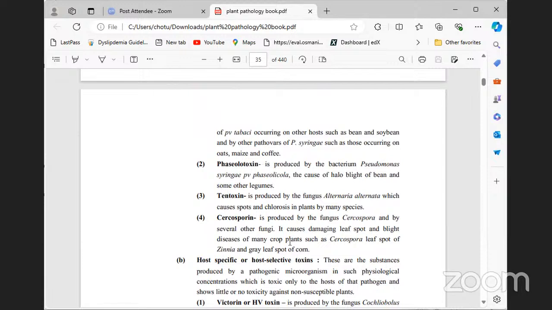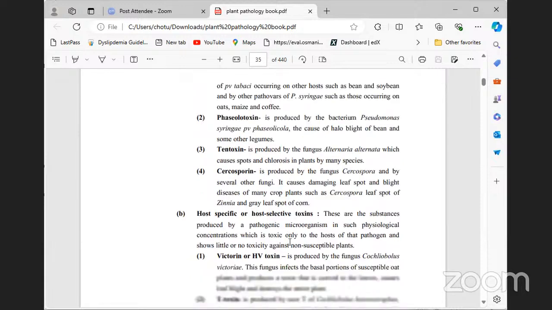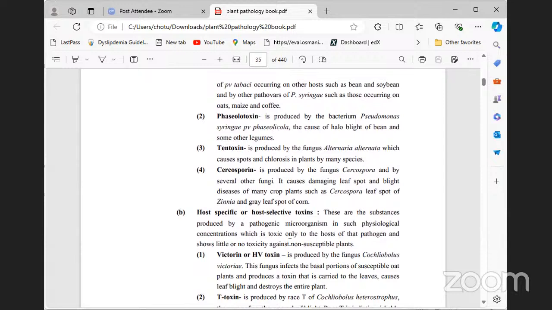Coming to the fourth one, cercosporin. The last toxin is cercosporin. Cercosporin is also produced by fungi, Cercospora personata and Cercospora arachidicola. You can observe the disease as tikka disease.